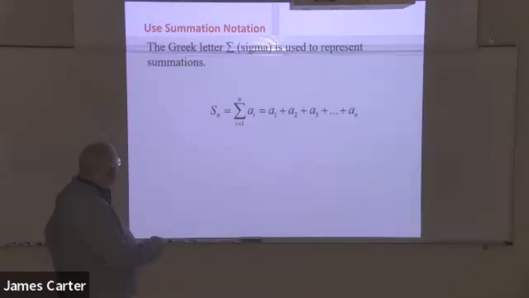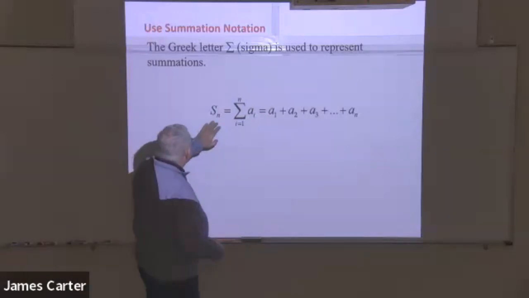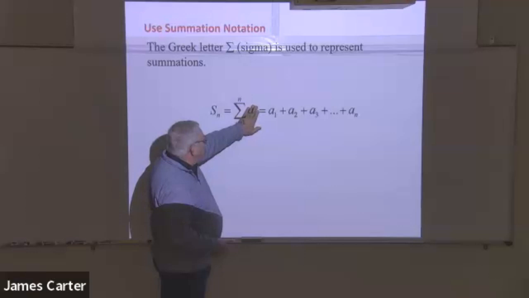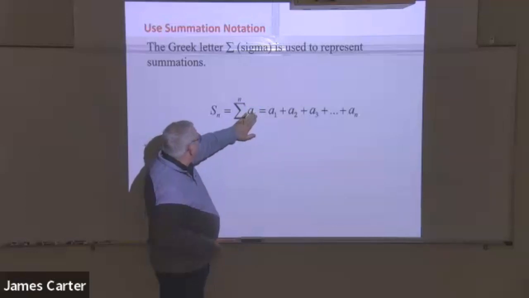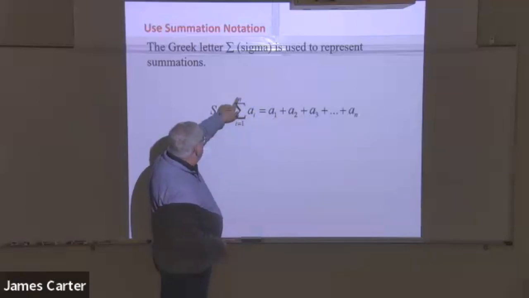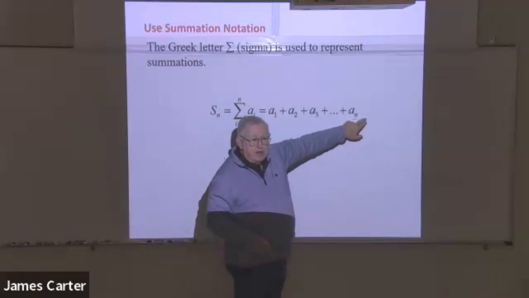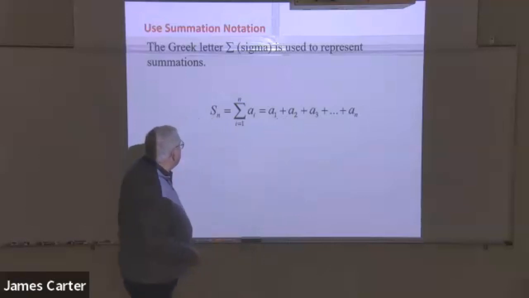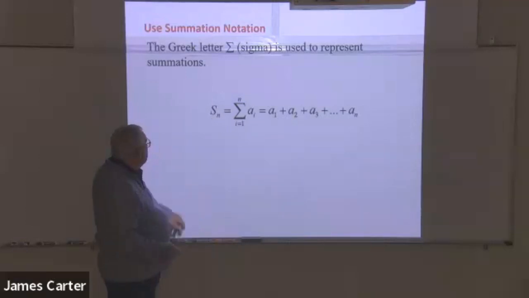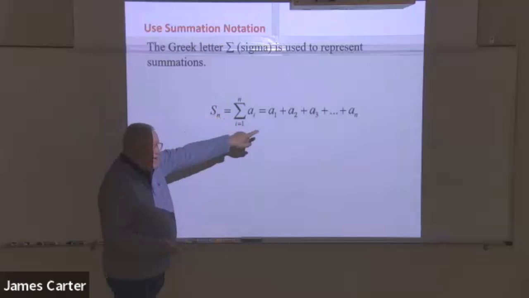Now, the Greek symbol is used, and the way this is set up is this is the rule. Remember before we had a sub n equals some rule that we were evaluating? This is the rule for this. And we're going to evaluate from the first term to whatever this number nth term is. So we're going to find the sum of the first however many n is.